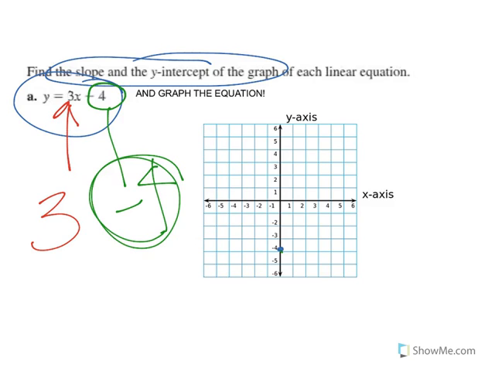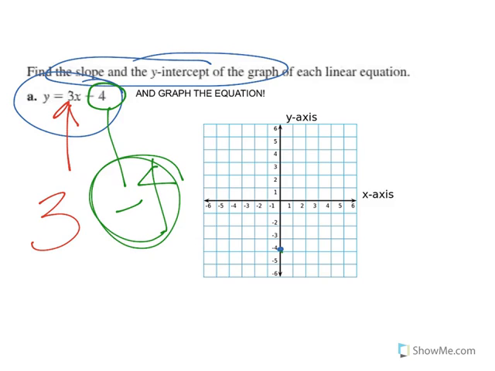Okay, at -4. It is always on the y-axis. Always on the y-axis. You would never put that first point on the x-axis. Never. Okay? Because it's the y-intercept, and so it's where y equals -4. So we have a point there.